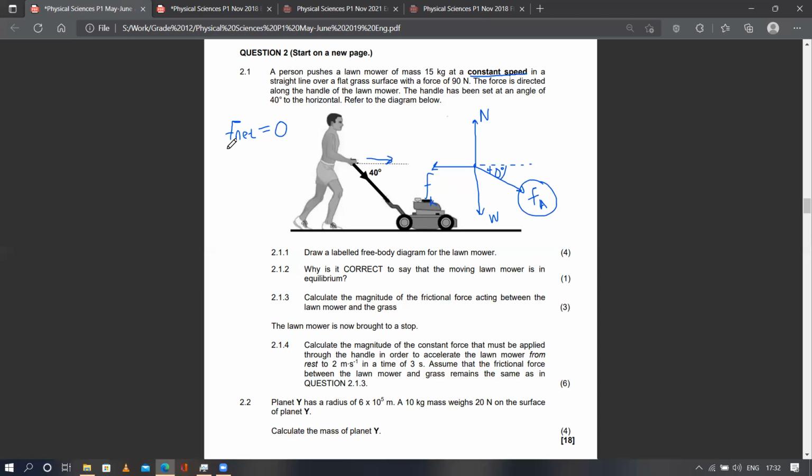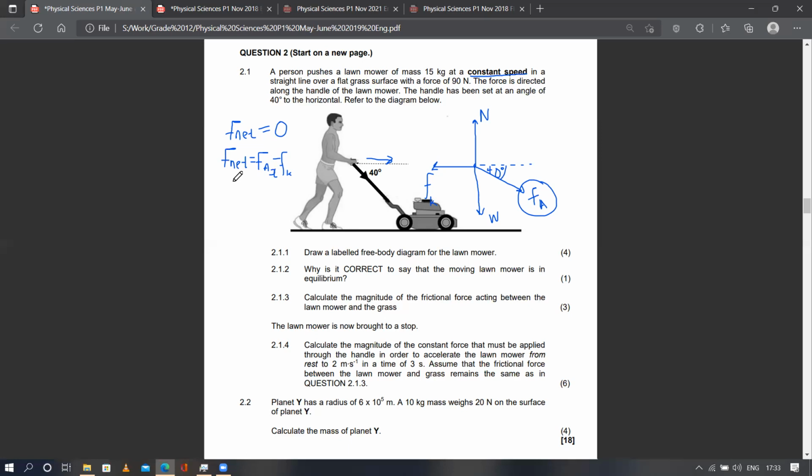And we know that F net is also equal to the force applied x, because we're going to use our x values, minus the frictional force.